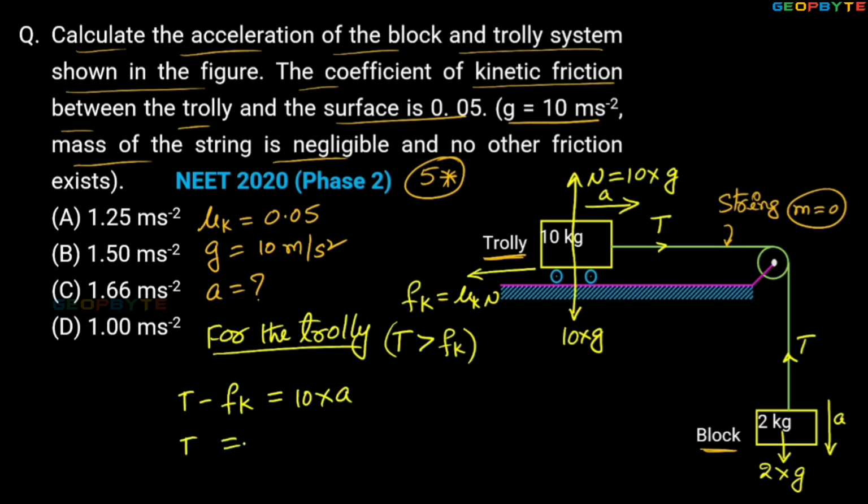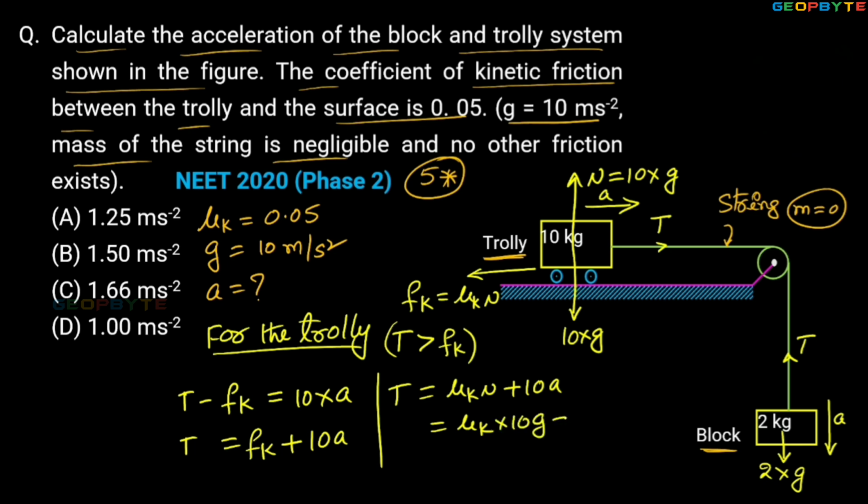From this, T equal to kinetic friction plus 10a, which can also be written as T equal to mu k into N plus 10a, where N equals 10g, so T equals mu k into 10g plus 10a. Simplify it: mu 0.05 into 10 into g value also 10, plus 10a. It is equal to 100 into 0.05, which is 5, plus 10a. That is the tension on the string with respect to the trolley.